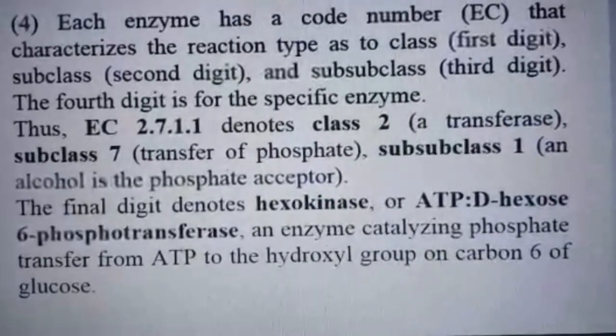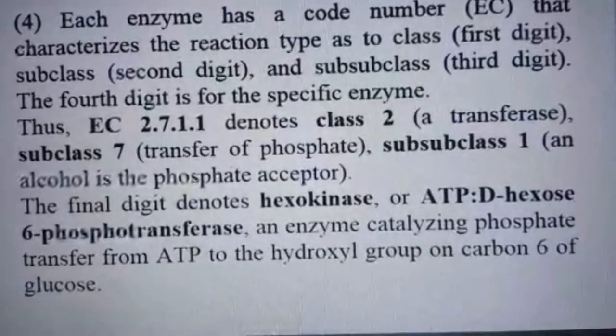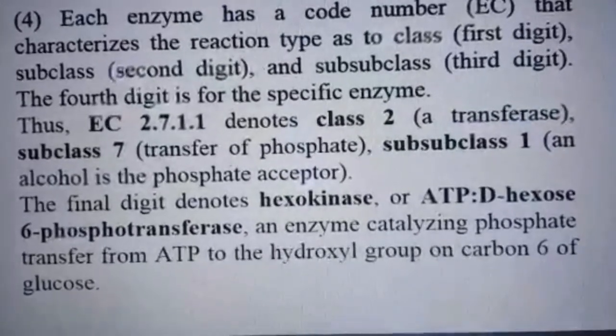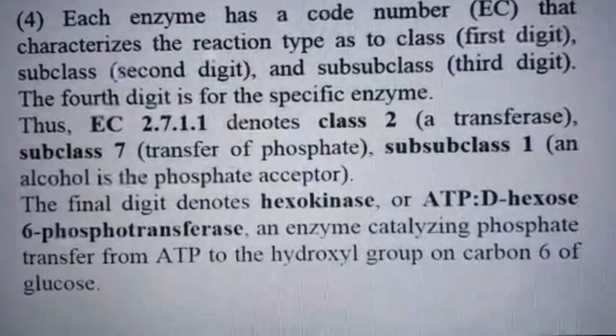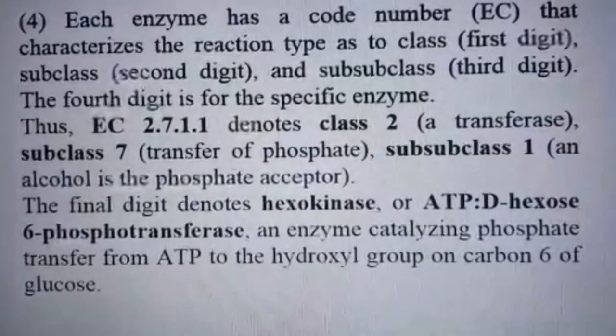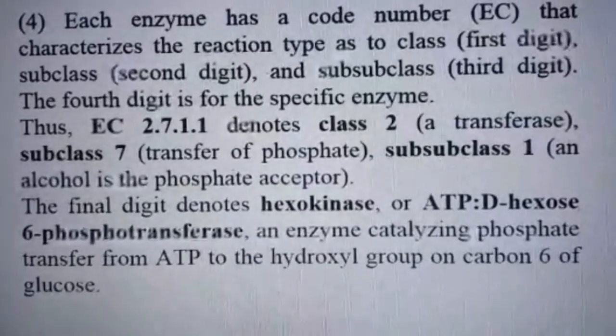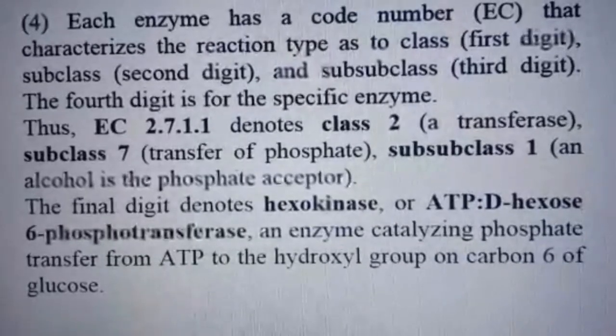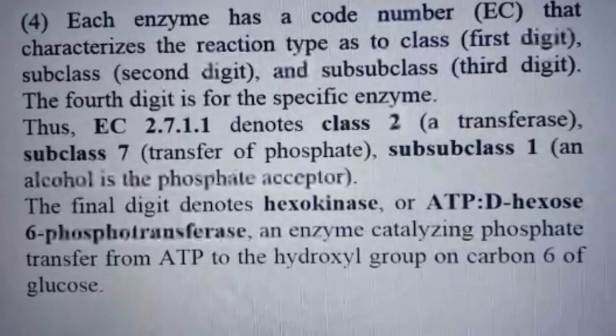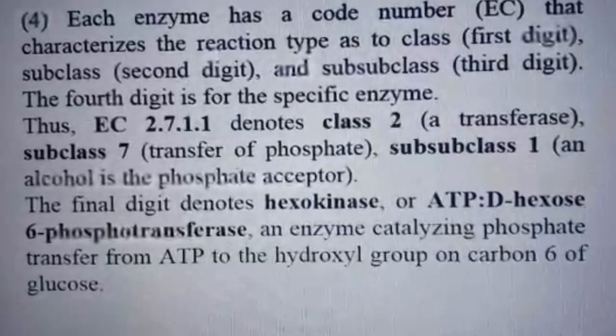The enzyme commission code: the first digit shows the type of reaction, the class, the second digit shows the subclass, the third digit shows the sub-subclass, and the fourth digit is for the specific enzyme.